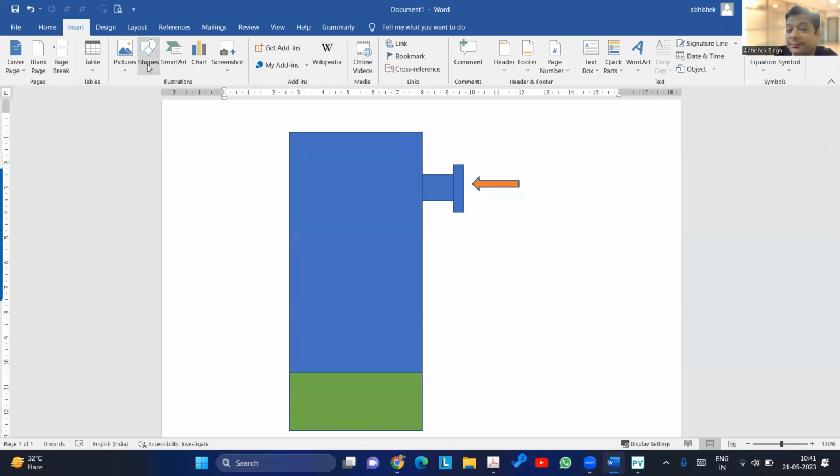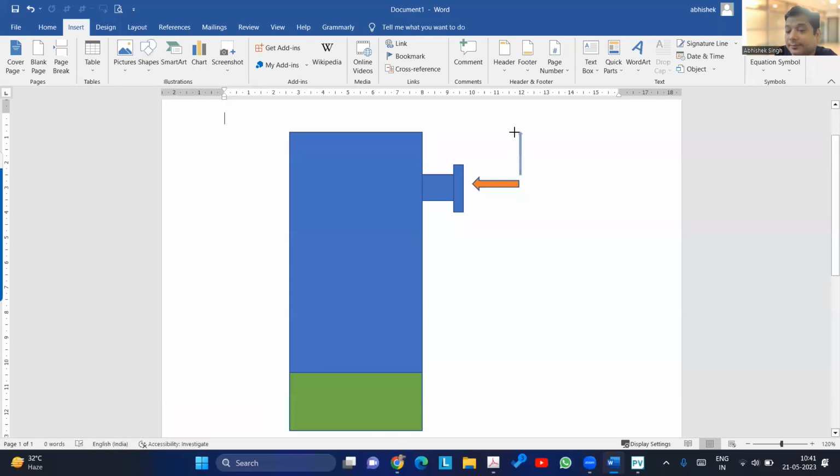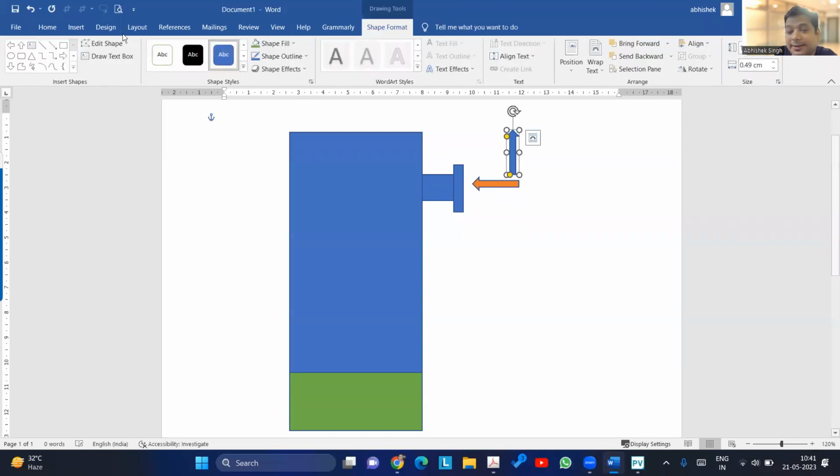How can I do that? Anybody? How can I transfer the load given at this location to this location?